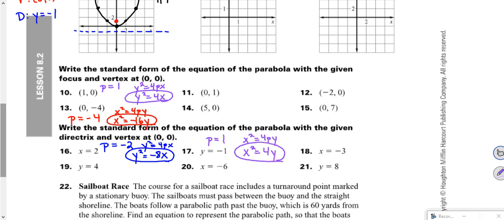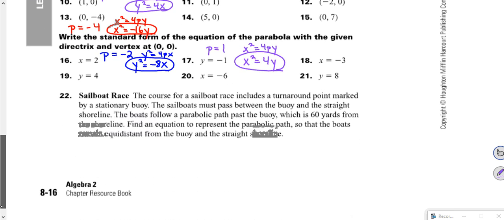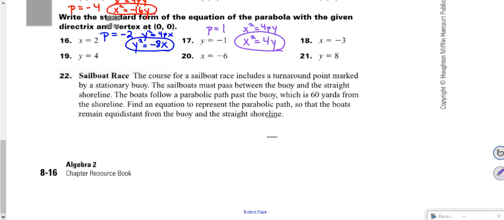Hope that helps. Now, this one, I just want to draw a pretty picture for you. They're talking about a sailboat race that includes a turnaround point. They started somewhere out in the ocean, but let's say this is our shore. This is our buoy.